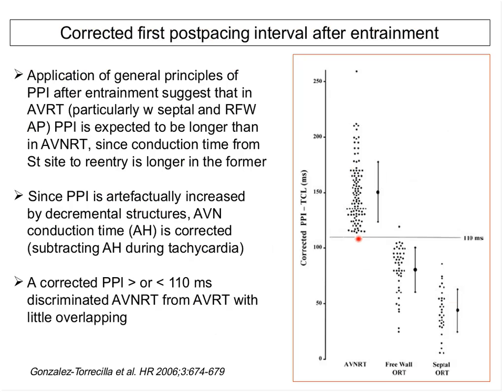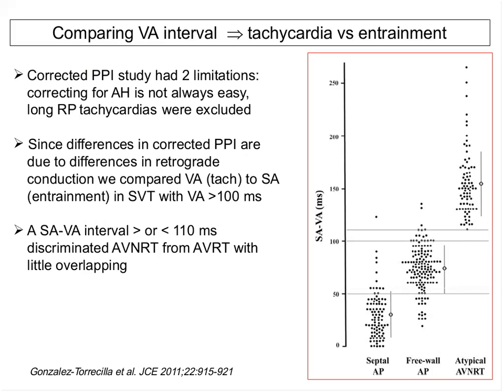Also, and along with this, if we look at the VA interval during pacing and compare to the VA interval during tachycardia, there is also a huge difference. Again, for septal or free wall accessory pathways, shorter difference, less difference, and higher difference for AV-NRT. Again, the cutoff is 110 milliseconds.